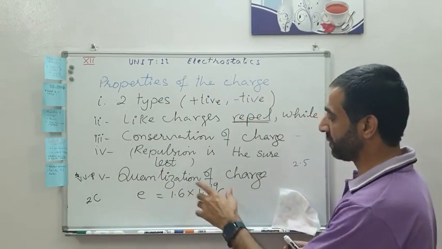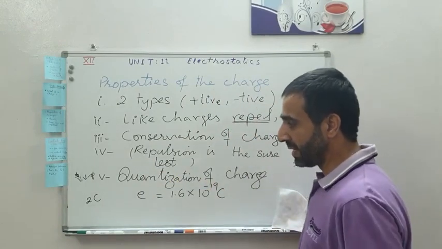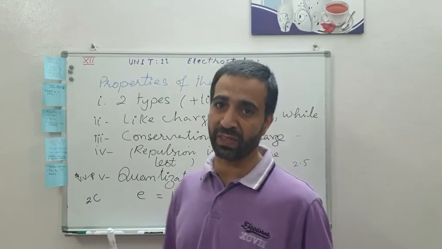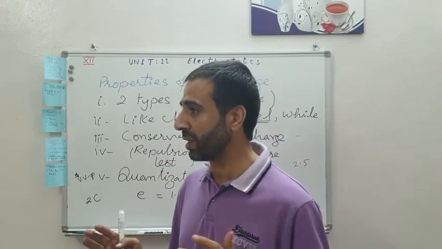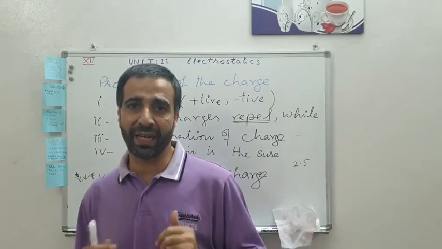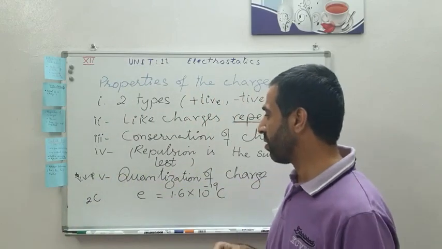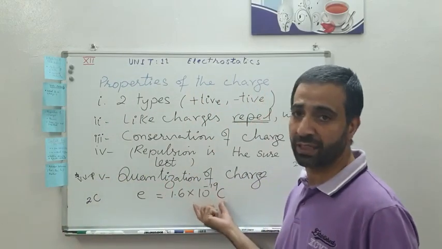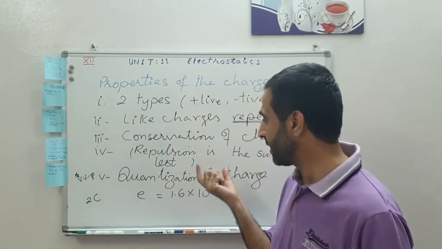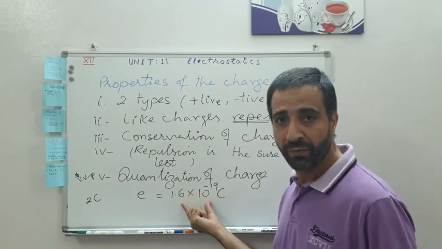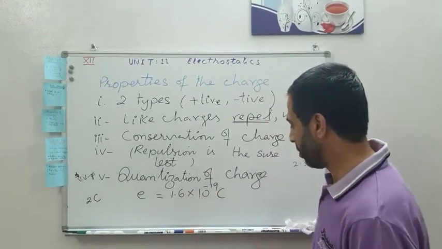That is one of the most important aspects of the charge, and this is the reason for the most famous experiment, known as the Millikan experiment, and he was awarded the Nobel Prize for this contribution, that charges are quantized, that it is the integral multiple of a fixed value, always.